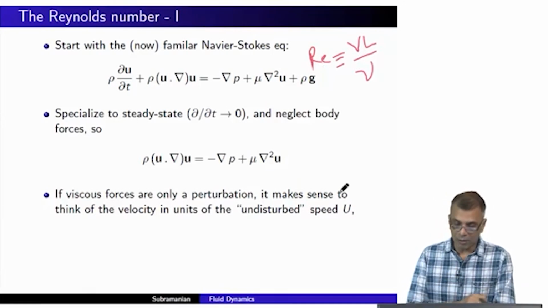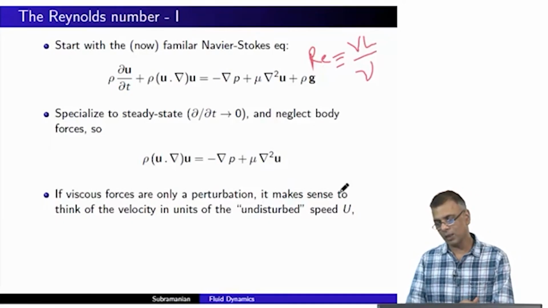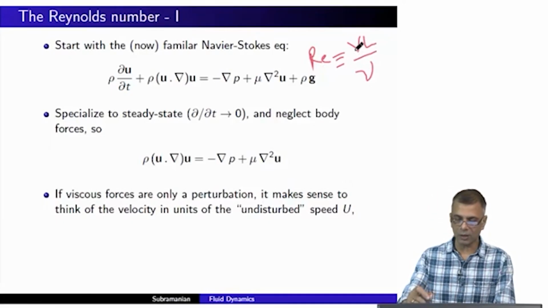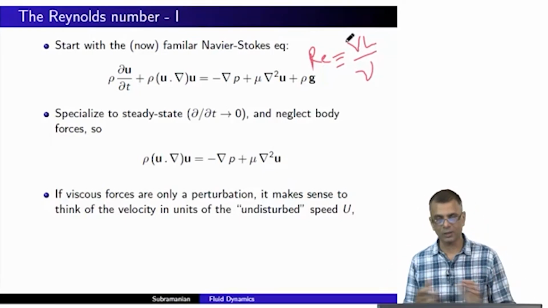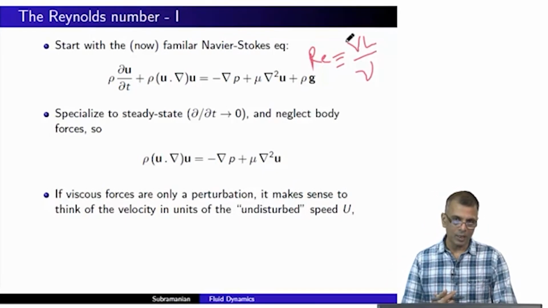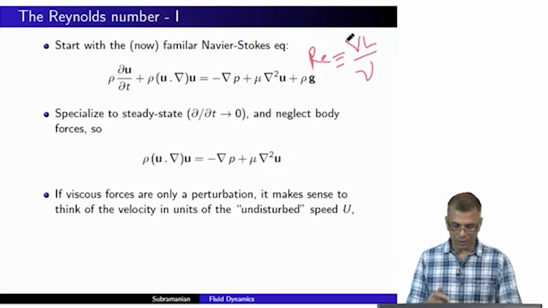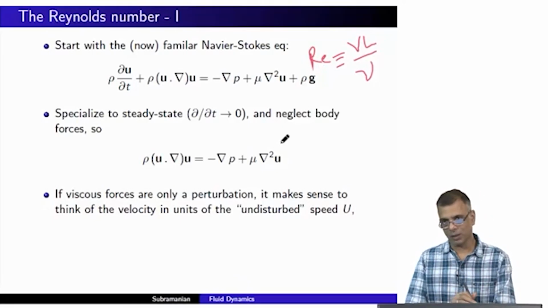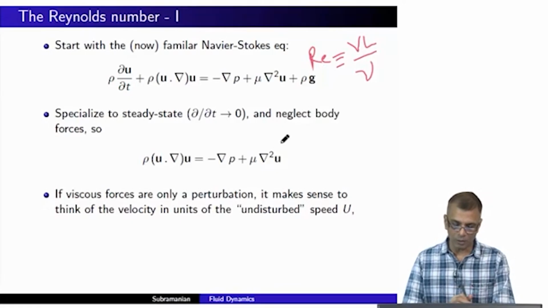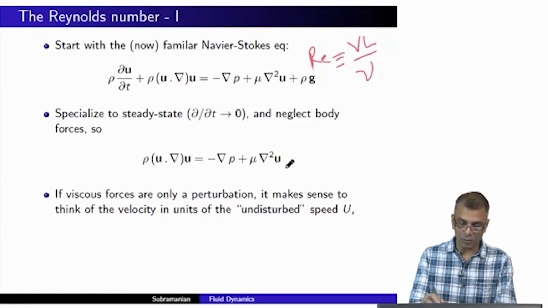And so when we discussed the Reynolds number during the last session, nu is of course the coefficient of viscosity, V was some characteristic velocity and L was some characteristic length. Here, we consider a situation where, at the back of our minds, we really should be thinking about the viscous term being only a perturbation.